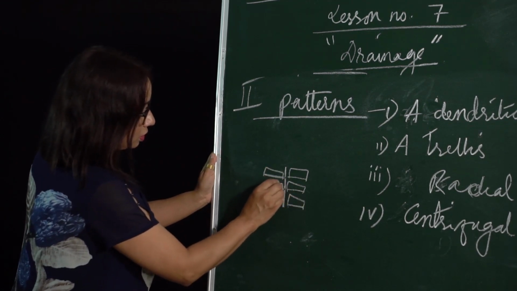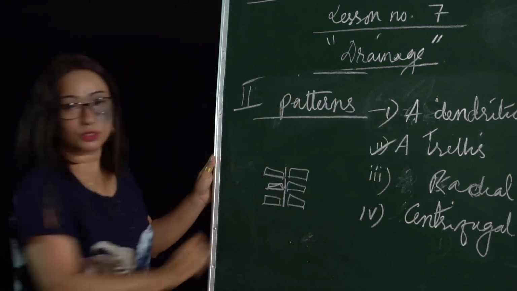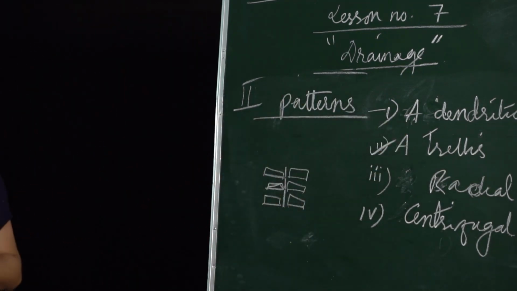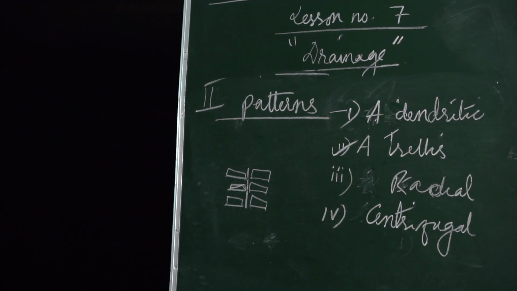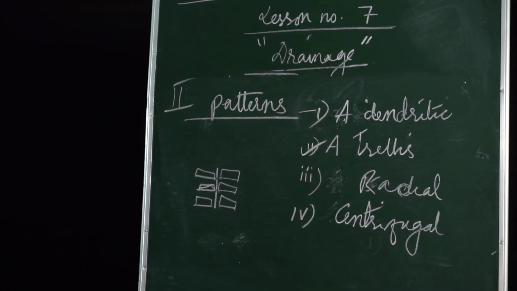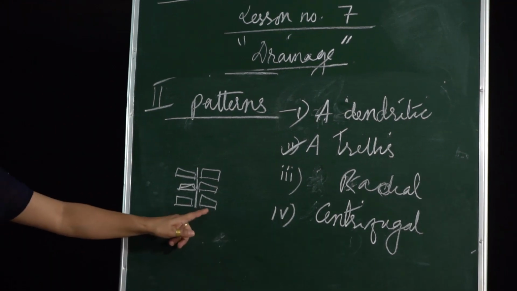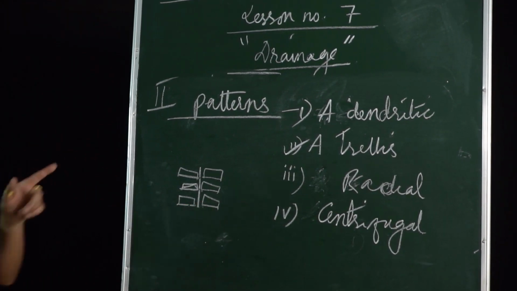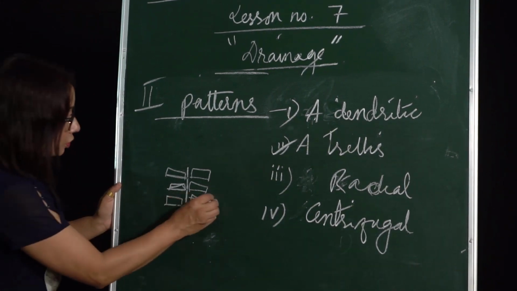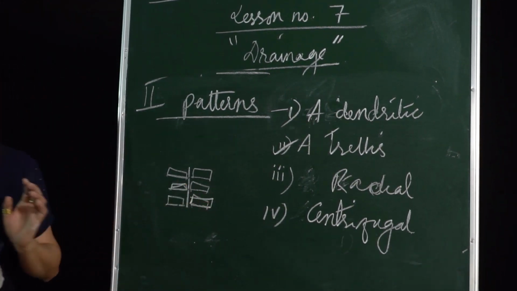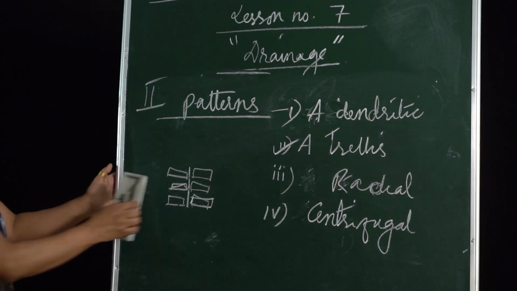So, this is called trellis pattern. A long river is joined by short flowing streams approximately at right angle, that is 90 degree, making a rectangular pattern or rectangular design. This is a trellis pattern.